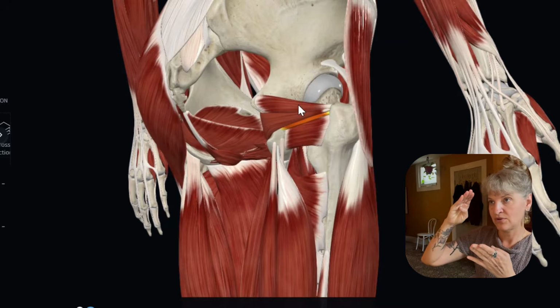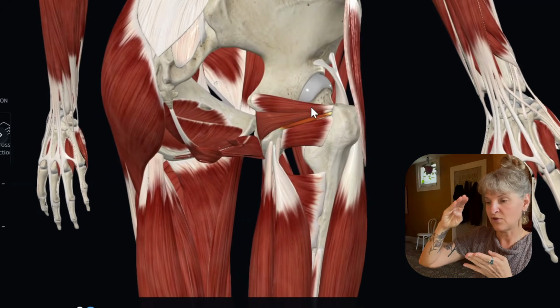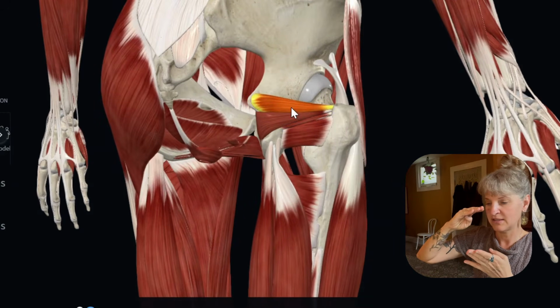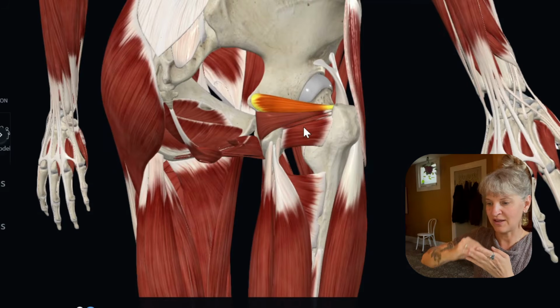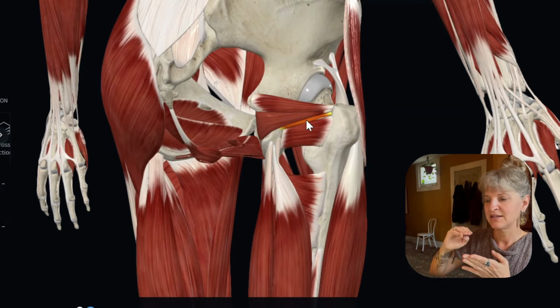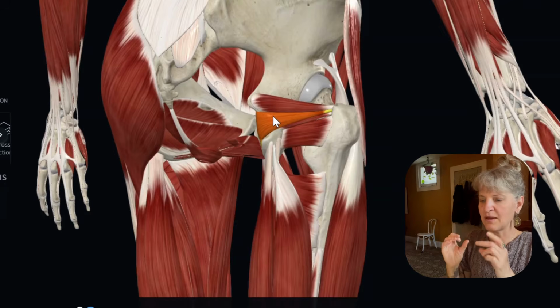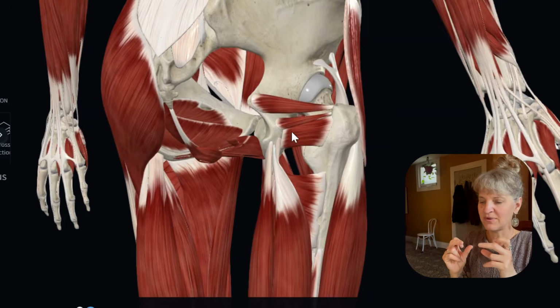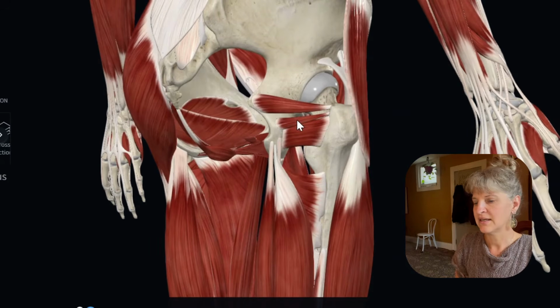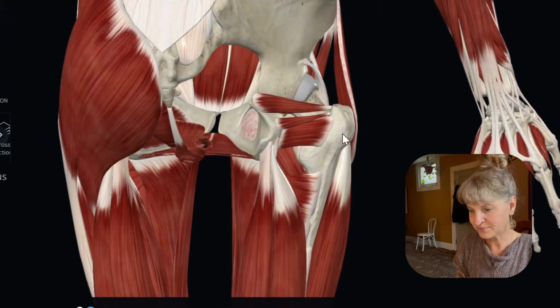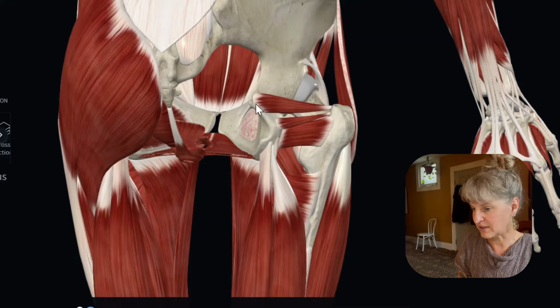So it goes piriformis, superior Gemellis, one of the obturator muscles, and then inferior Gemellis. And I think they just call them that because they're kind of like twins, but they are definitely separate. They're not the same muscle, but they do the same kinds of things. They both just laterally rotate the hip.